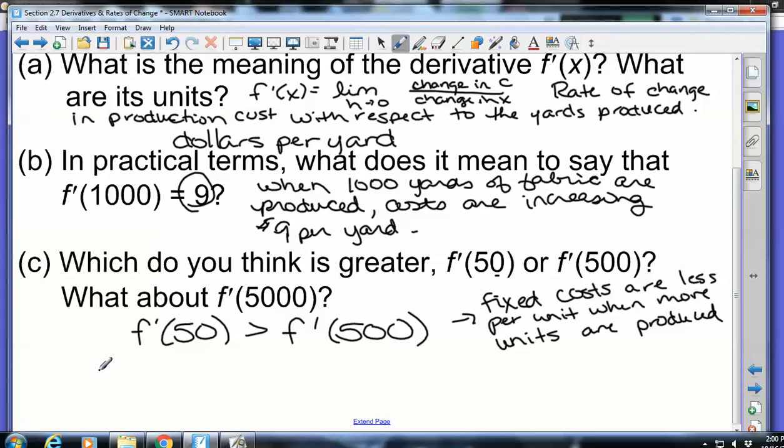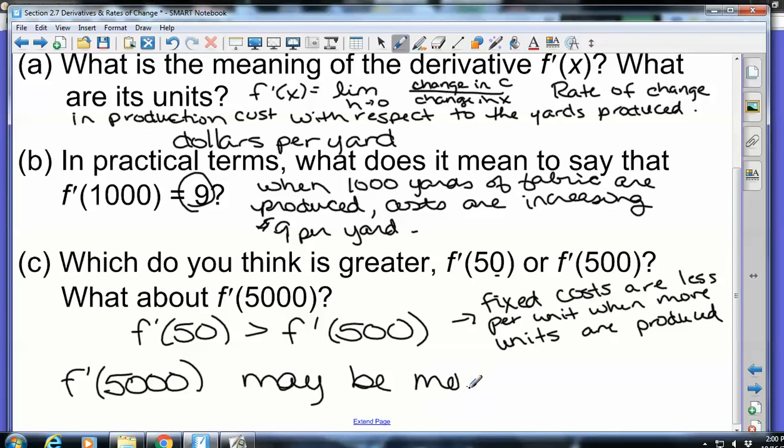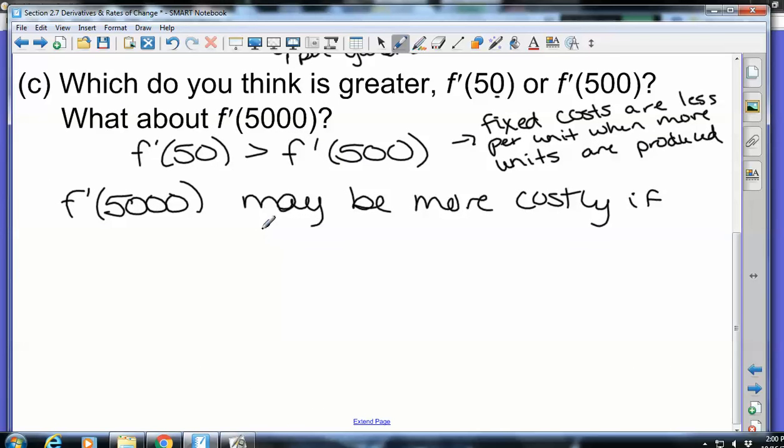Does that make sense? So could it go either way? It could go either way. We don't have enough information. So F prime of 5,000, I'm just going to put it may be more costly if production becomes inefficient.